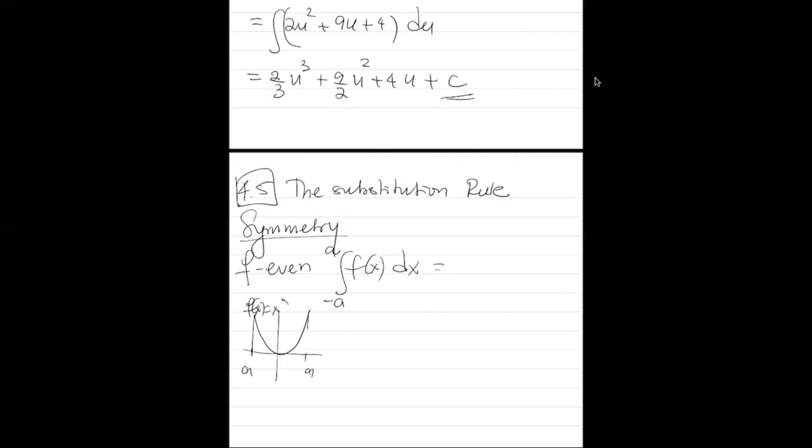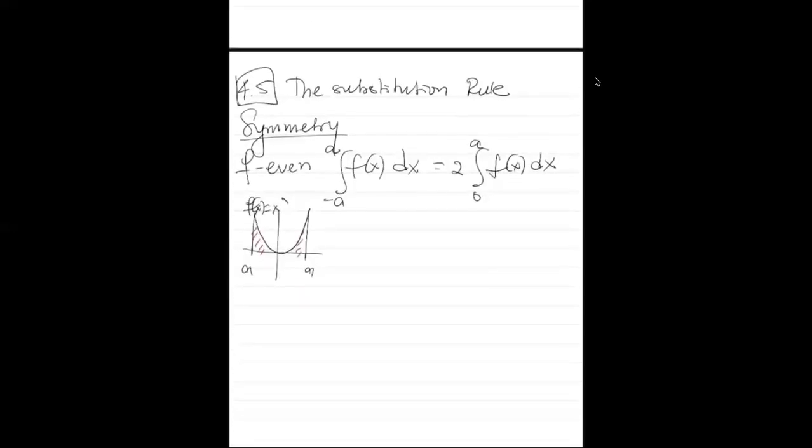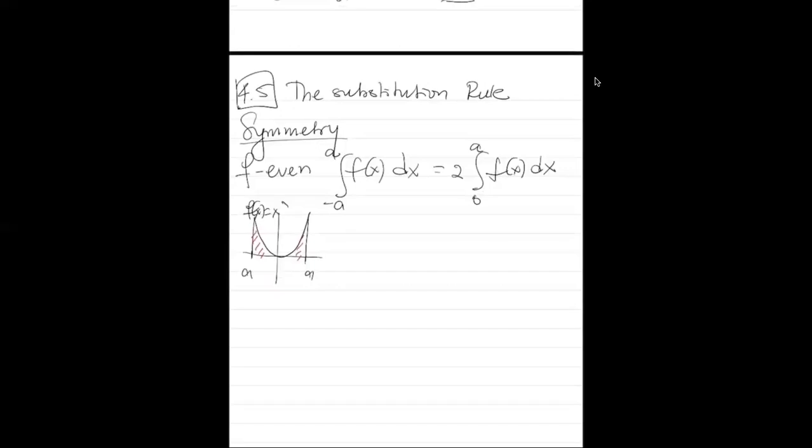So the definite integral, we're talking about this area. It's symmetrical, they're both the same, so I can just say that's 2 times the integral from 0 to a of f of x dx. So it helps with integration. If you have an integral that starts at 0, it's easier to evaluate versus negative a to a. So it helps simplify things.